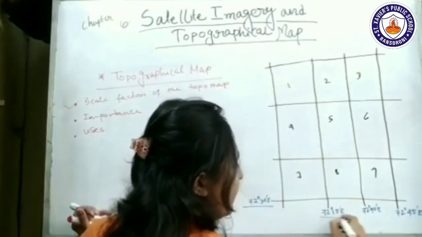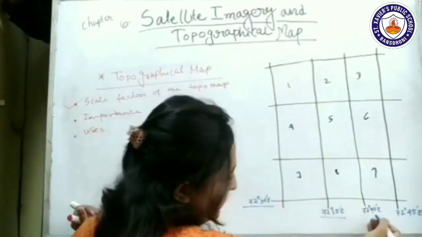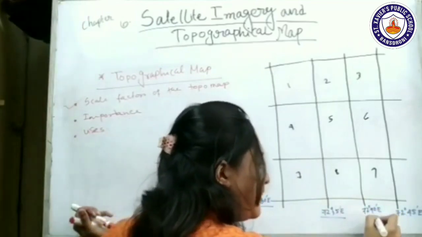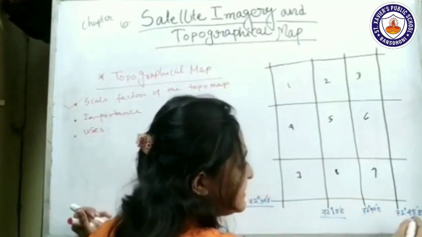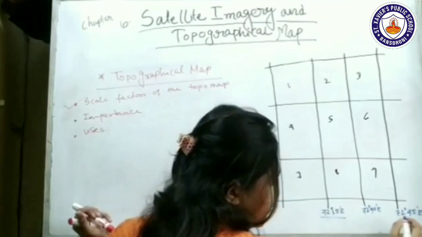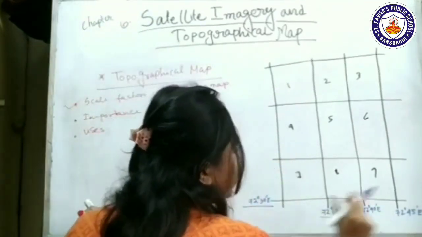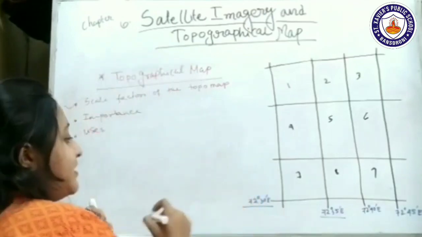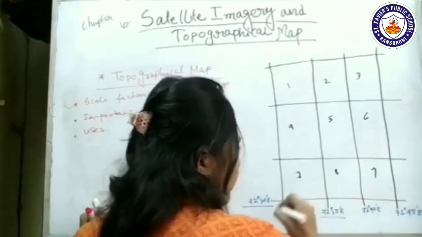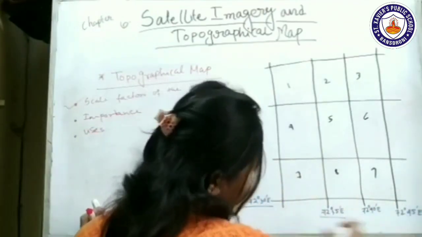The next value is 72 degrees 35 minutes. The third one is 72 degrees 40 minutes east, and the last one is 72 degrees 45 minutes east. Okay, this is the gap between one node and another.